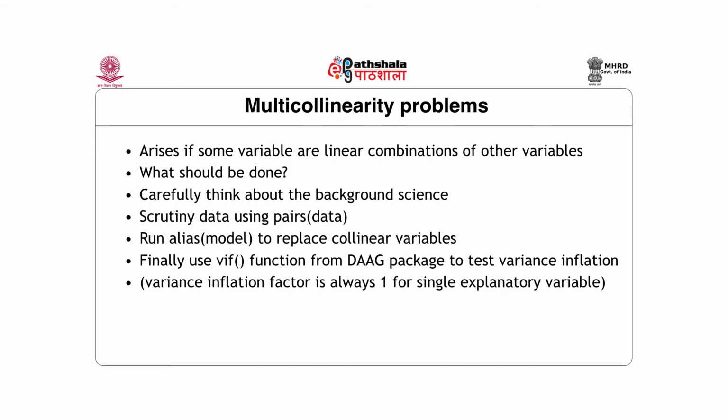You can also conduct a test for multicollinearity, which means that if a number of explanatory variables are given, these variables themselves can be correlated with each other. That introduces a problem called multicollinearity, and you can use a variance inflation factor function to test the extent to which their variance gets inflated, as we had seen in the previous example.